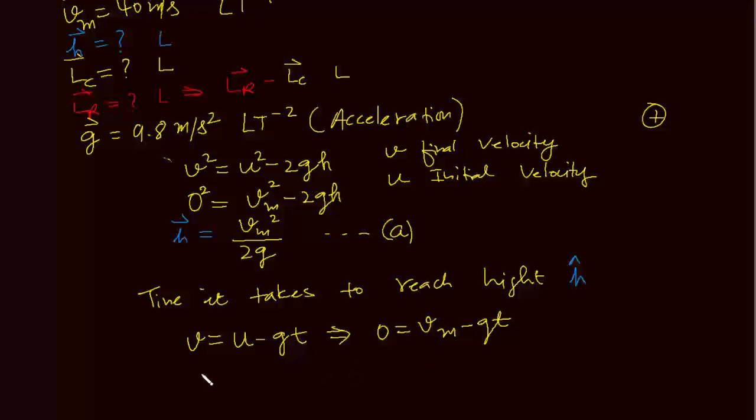So time t is Vm divided by g. So this is an interim value.